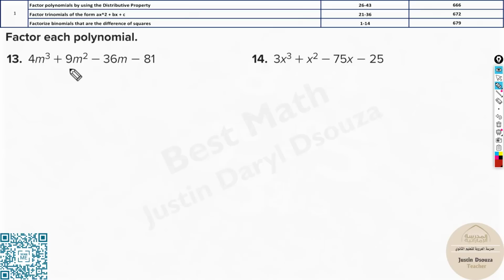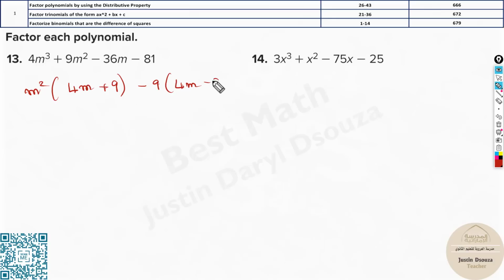I'm sure I can't have any common factors. But what I can do is remove m squared. M squared is outside, and then what is remaining? It's 4m plus 9 minus, over here, what is common? It's 9, isn't it? 9 4 times and 9 9 times, yes. So minus 9 is removed outside.